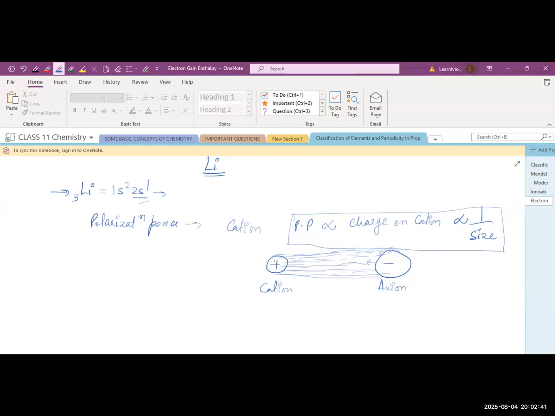So that's the polarization power. Just remember that polarization power is directly proportional to the charge on the cation and inversely proportional to the size of the cation, right? Clear?